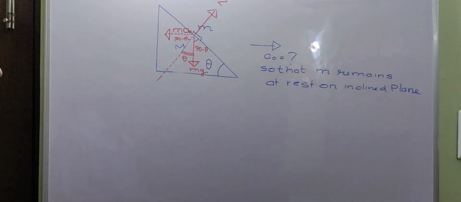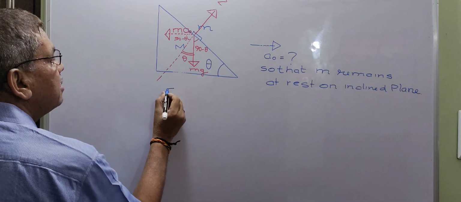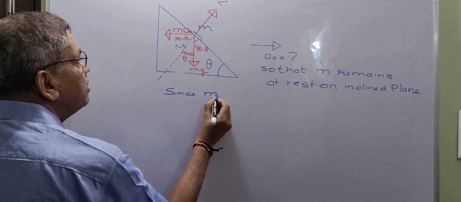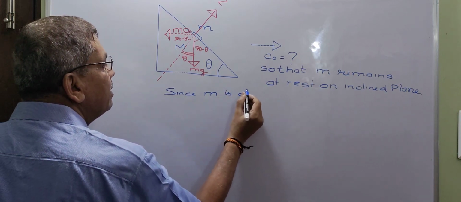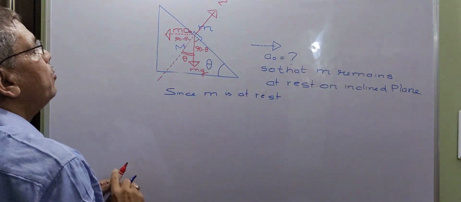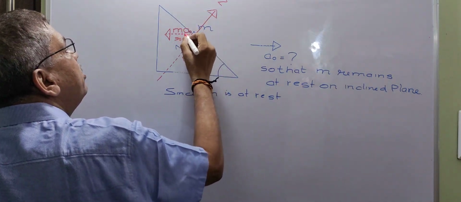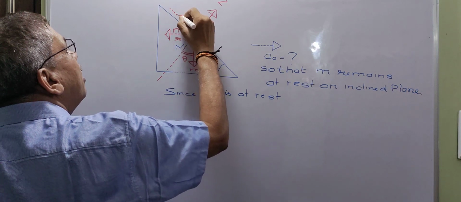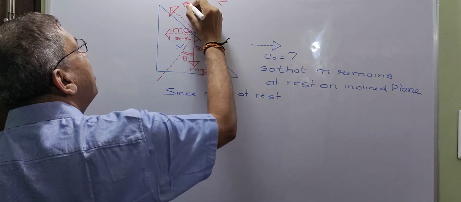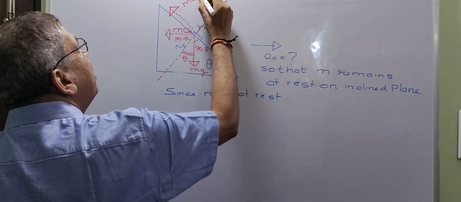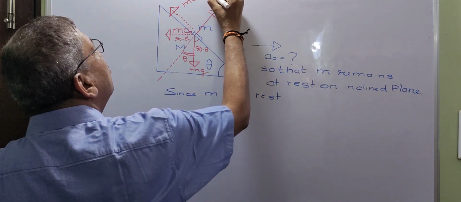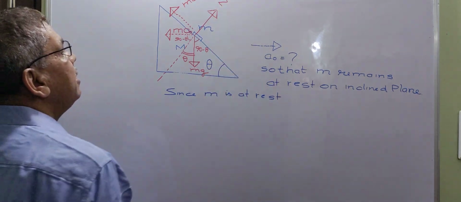Now since m is at rest, we will observe the component of ma0 up the inclined plane is ma0 sine of 90 minus theta, that will simply equal ma0 cos theta. Is it clear?